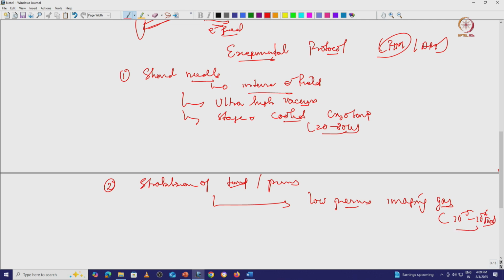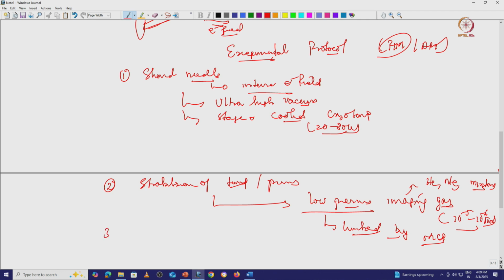This low pressure is usually limited by the maximum acceptable pressure for the MCP plates, the multi-channel plates. The imaging gas can be helium, neon or their mixture, depending upon the material under investigation.